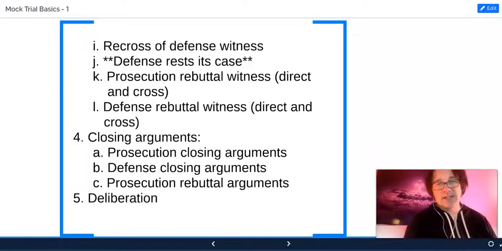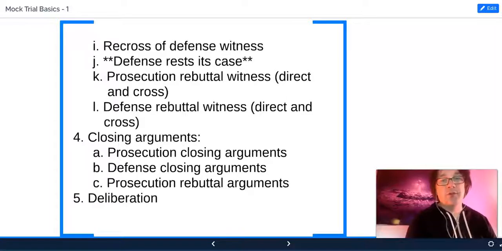But that's not likely to happen for our mock trial. So for closing arguments, the prosecution will go first, then the defense. After that, the trial is over as far as what's happening inside the courtroom.